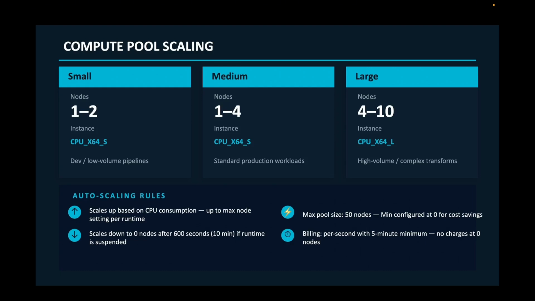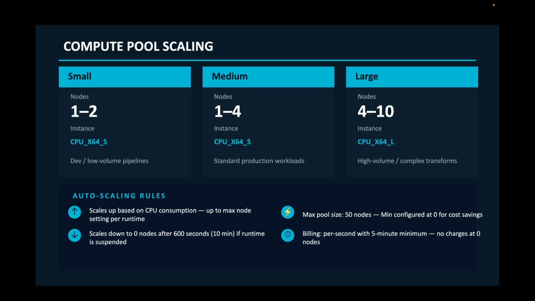So a small runtime can have a maximum of 2 nodes, and if you want to increase more than 2 nodes for a small runtime, it's going to provision another node, and it will keep it tied to the same small runtime. Typically use it for dev, low volume pipelines.